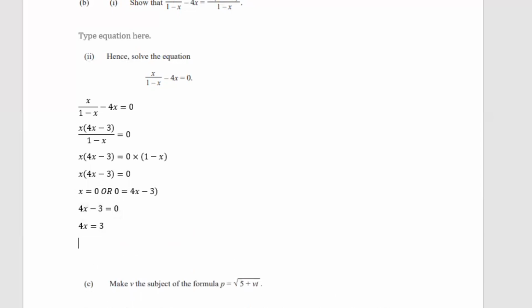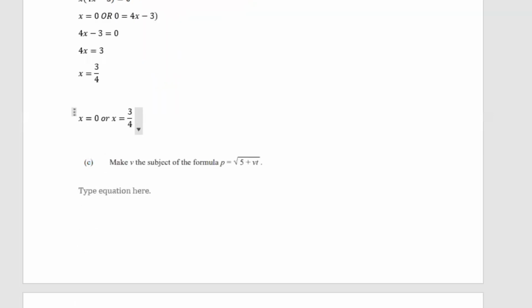Therefore x is equal to 3 divided by 4. So our two possible values for x are x is equal to 0, or x is equal to 3 over 4, and those are our two possible values for x.